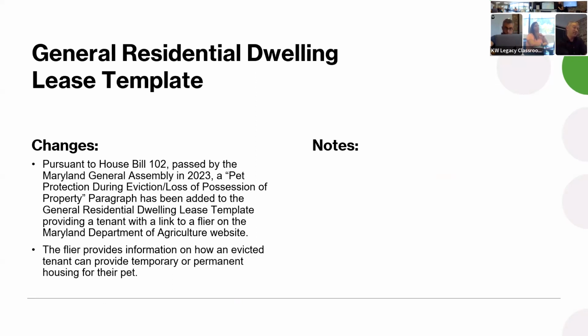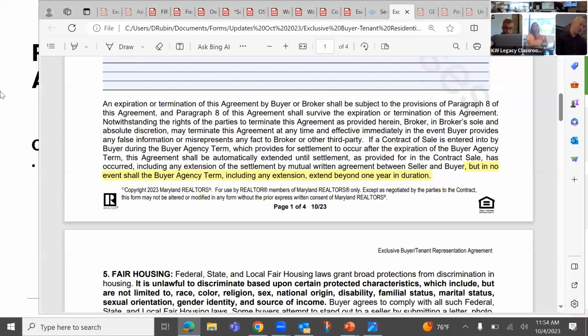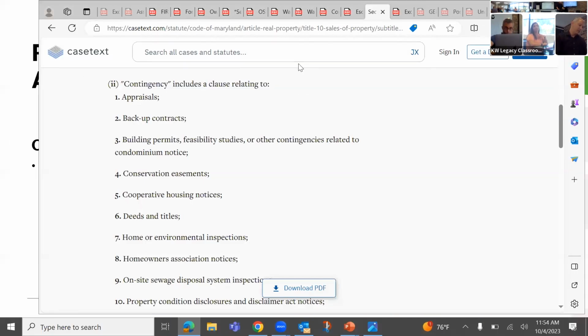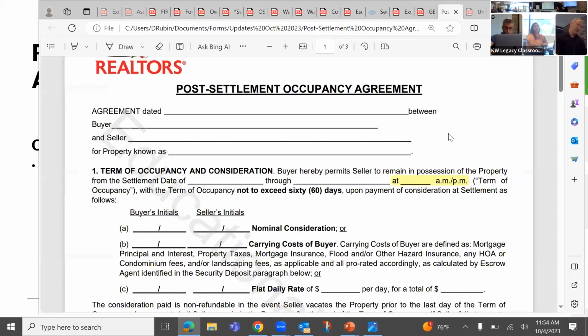The lease changed very slightly. Now there is a pet protection during eviction paragraph that's been added, so pets can be protected. If you're doing any rent backs, guys, the post-settlement occupancy agreement has been changed to include an actual time when people are leaving.